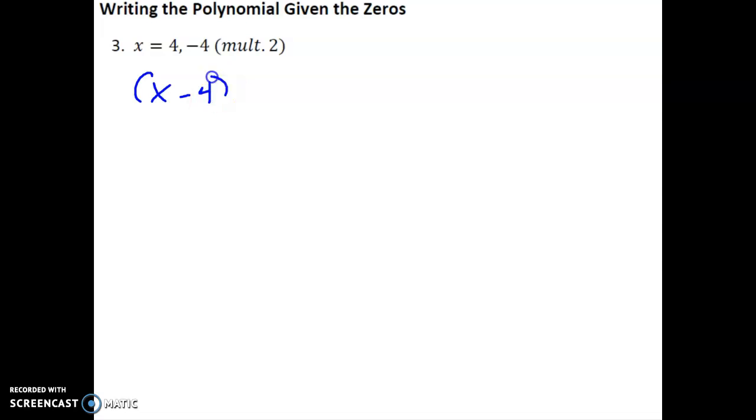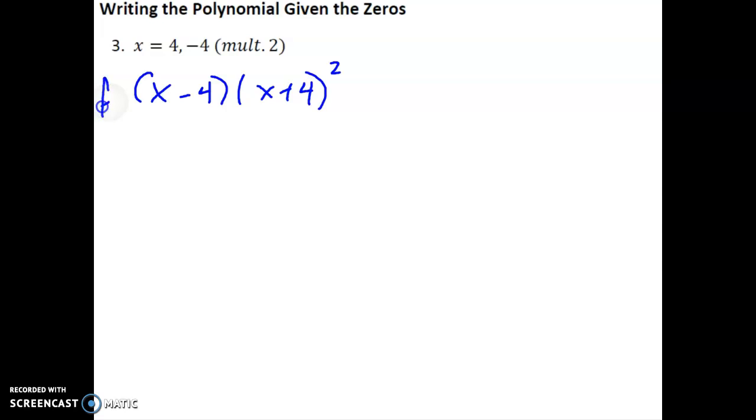So x minus 4, and then, because remember we have to do the opposite, right? So +4 becomes x minus 4, and then this -4 is going to become x plus 4, but it has a multiplicity of 2. And you remember the multiplicity focuses solely on the exponent. So that means that -4 is a zero twice, which means I'm going to have x plus 4 squared because I have a multiplicity of 2.